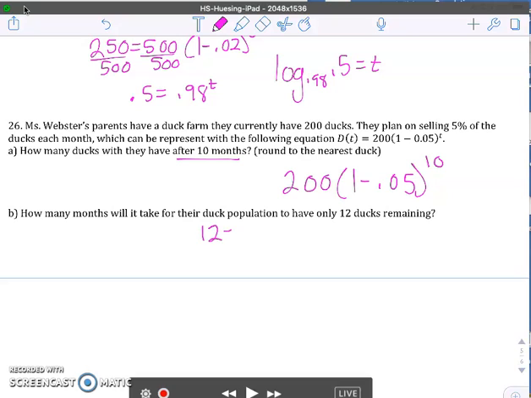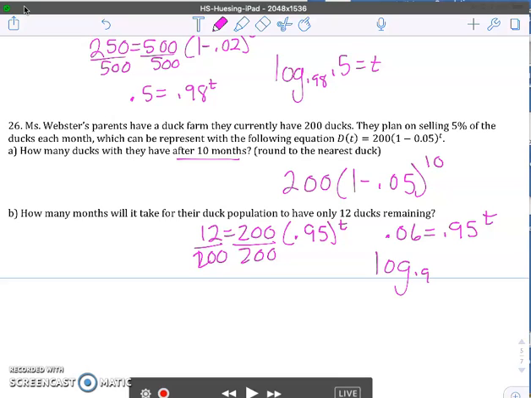So 12 equals 200 times 0.95 to the t. And then it's another one, again, where we'll use our calculator. So 6 divided by 100, so we have 0.06 equals 0.95 to the t. So log base 0.95 of 0.06 equals t.